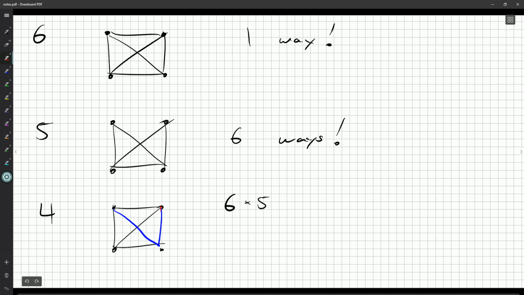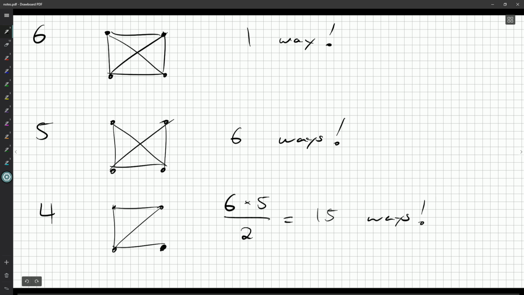What if I had removed this one first and then chose to remove this? I'd still get the same friendship relations at the end. So I've counted the same thing twice, so we should actually divide by 2. 6 times 5, 6 choices for the first friendship to get rid of, 5 for the next. That's 30 divided by 2. There's 15 ways to have only 4 friendships in this group.